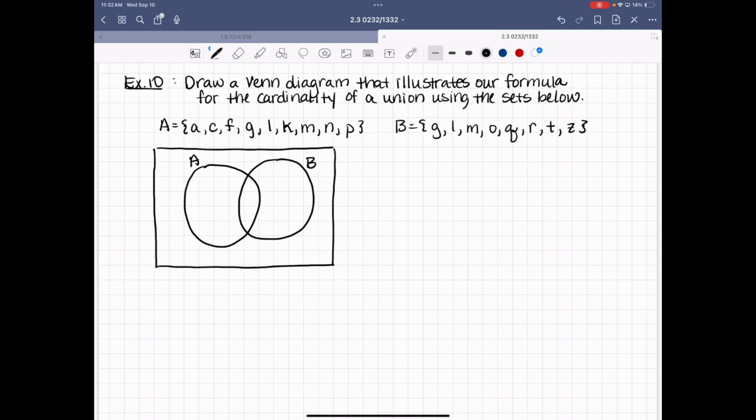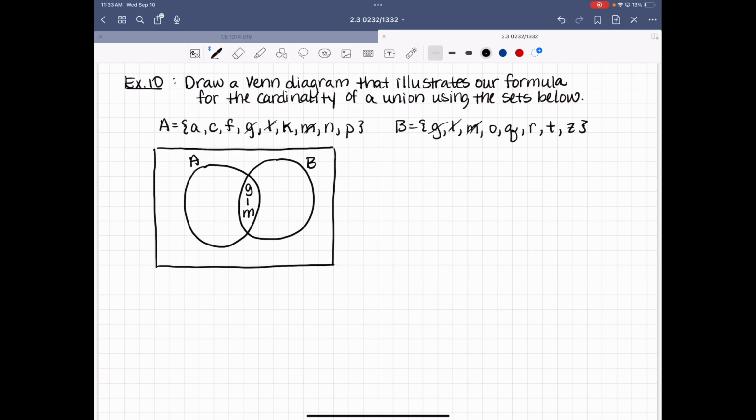So who's in both A and B? G, L, M. There's a G, there's an L, there's an M. I don't have an A and B. I don't have a C, F, K, N, and P.